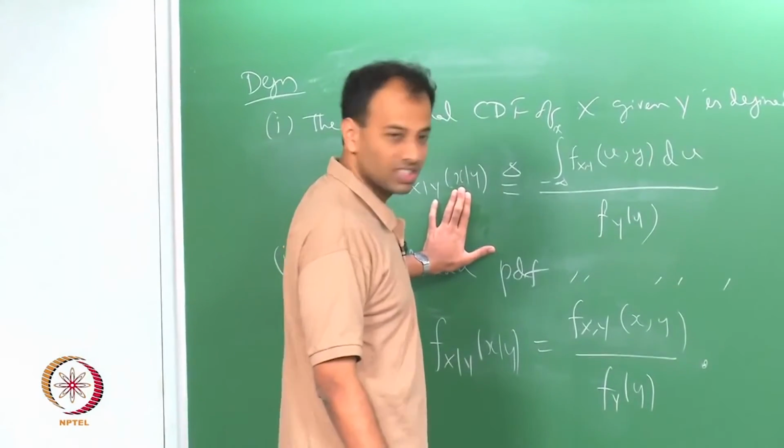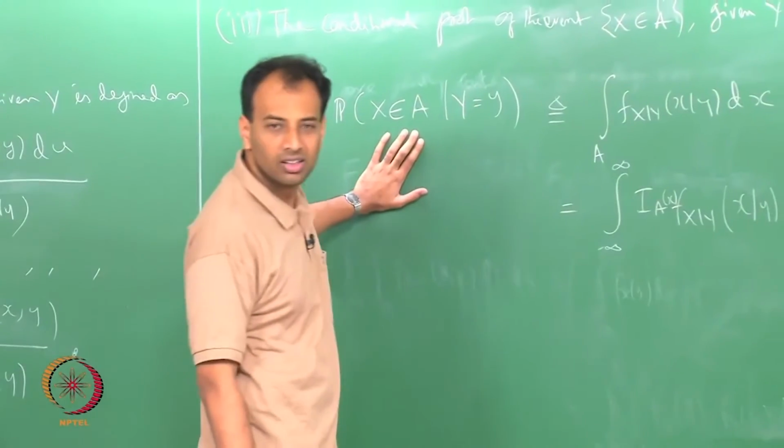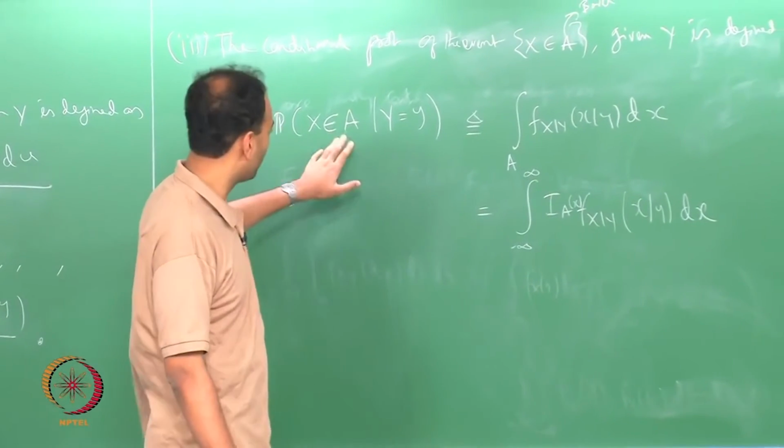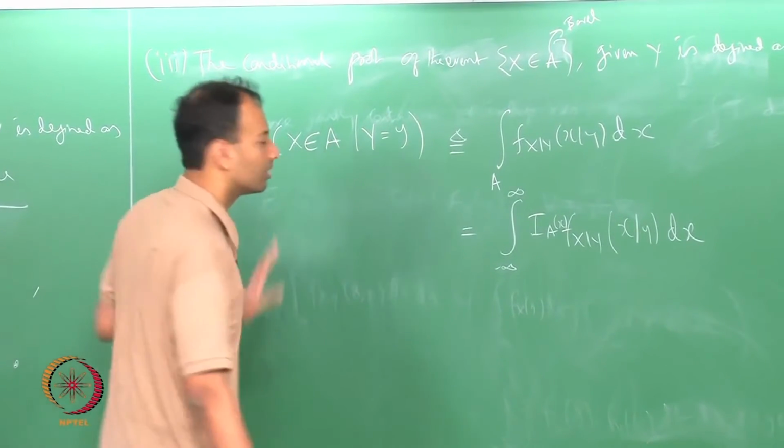So here the CDF only gives me the event that x is less than or equal to x, but I can now talk about x lying in any Borel set, right. If you do not like A, you call it B, A is just a Borel set. Okay.